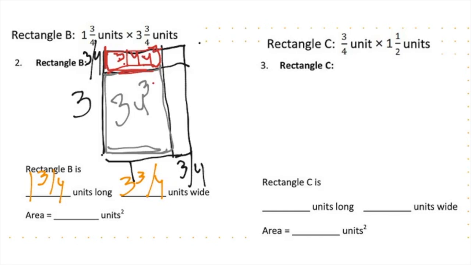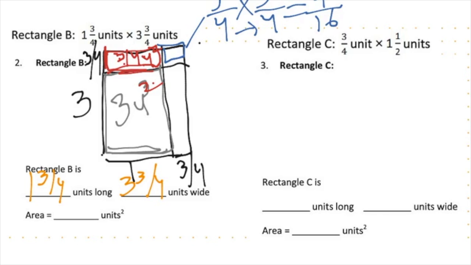April Fools, units squared. For our blue box, our length is 3/4 and our width is 3/4. So that's going to be 3/4 times 3/4, which gives us, right? Very good. You just multiply straight across, 9/16.